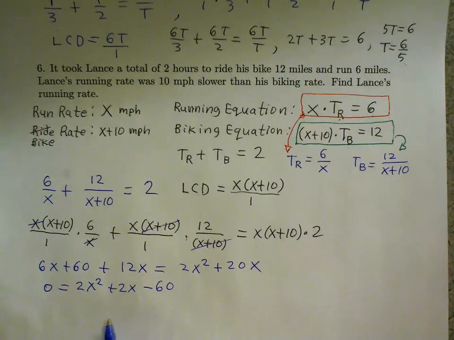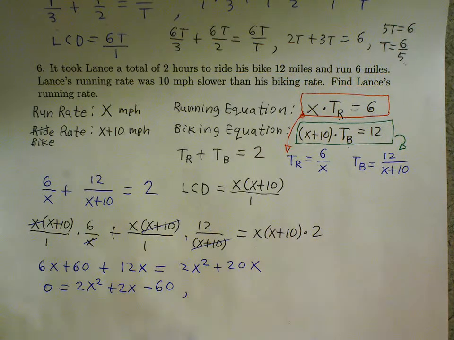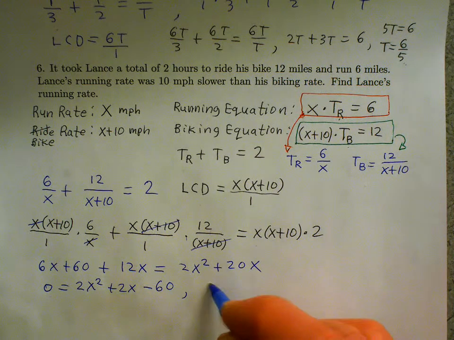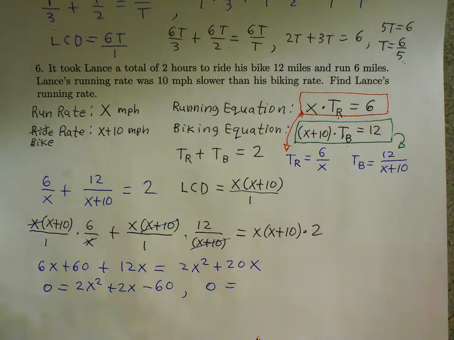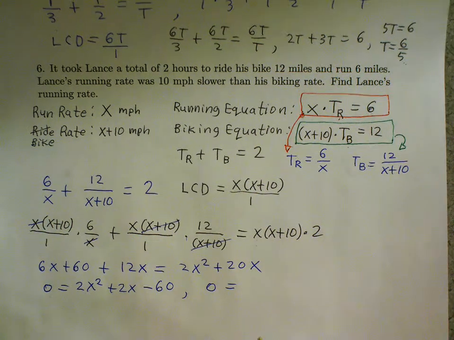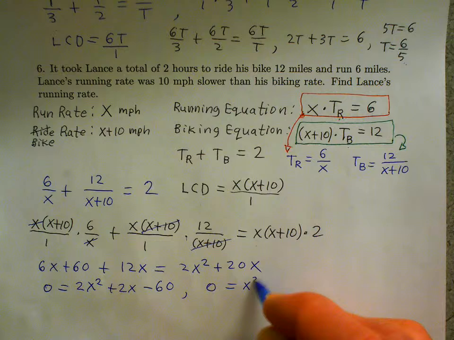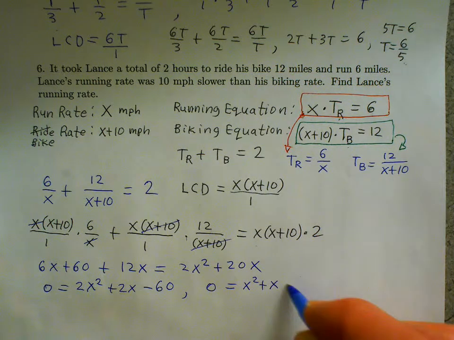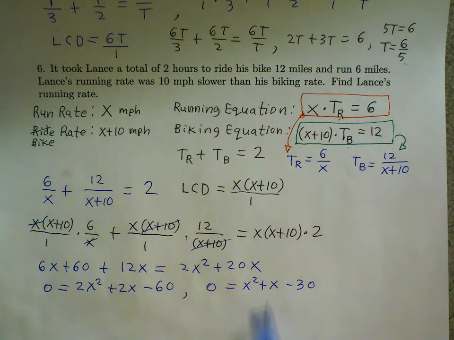Since we're solving an equation, and the greatest common factor of the terms is 2, we can divide every term on both sides of the equation by 2. 0 divided by 2 is 0. And then dividing every term on the right-hand side by 2, we get x squared plus 1x minus 30. And this factors really nicely, x squared plus x minus 30.